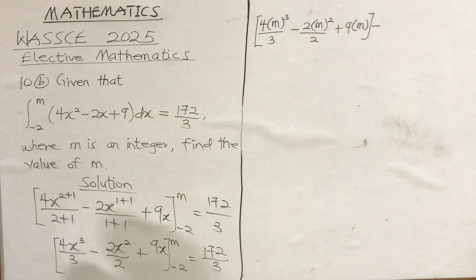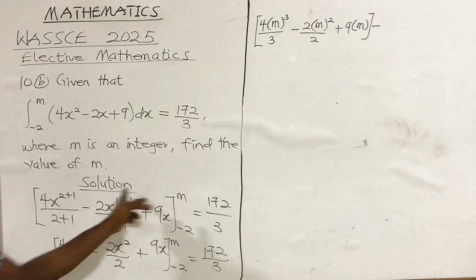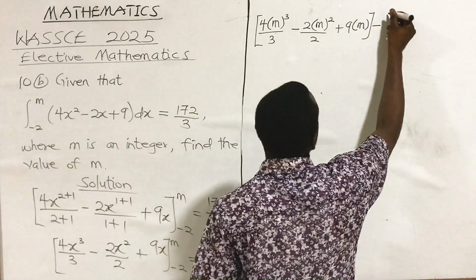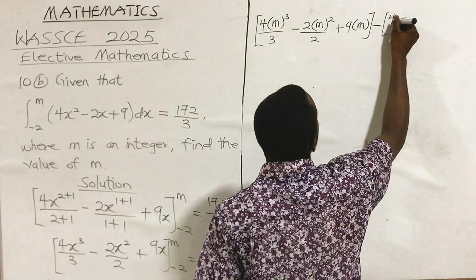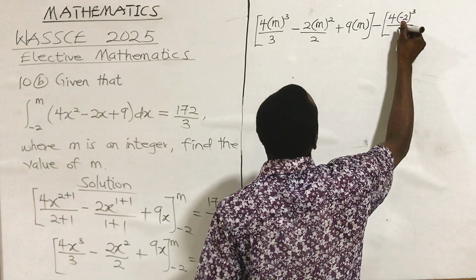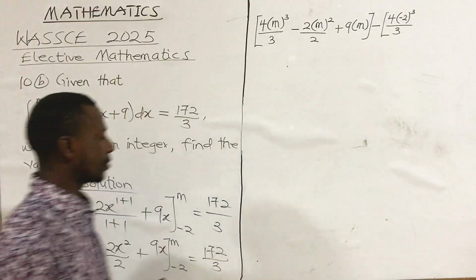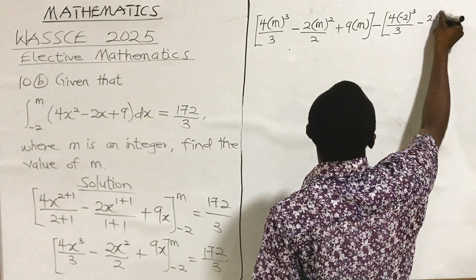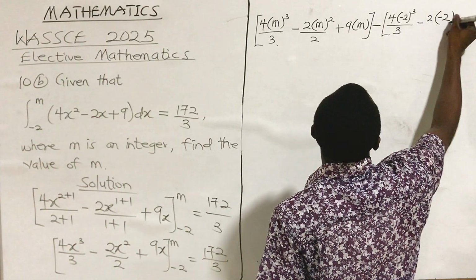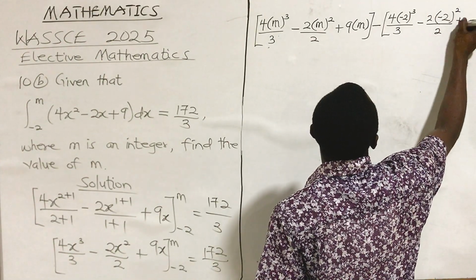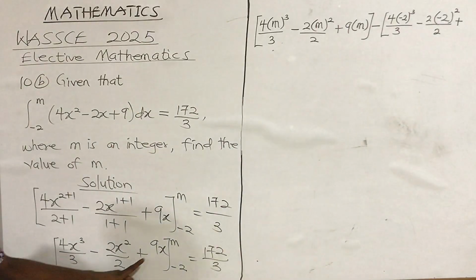After making substitution of the upper limit, then minus, we now substitute the lower limit, which will be 4 into bracket negative 2 power 3 all over 3 minus 2 into bracket negative 2 power 2 all over 2 plus 9x.